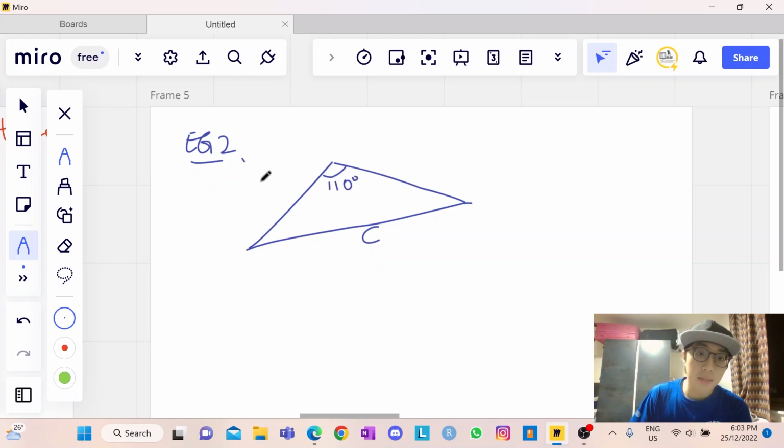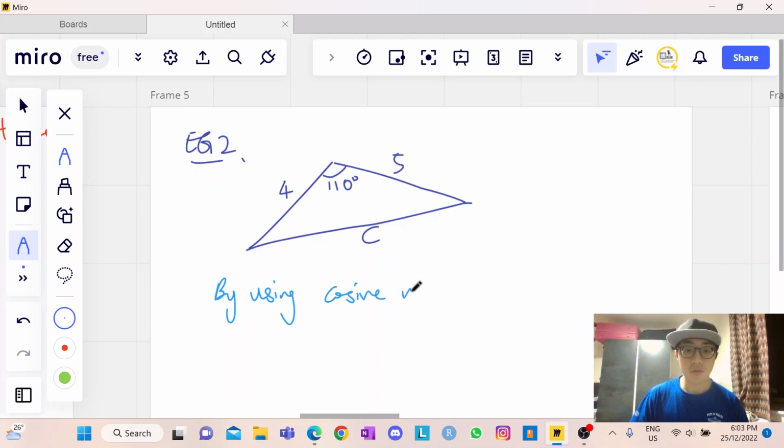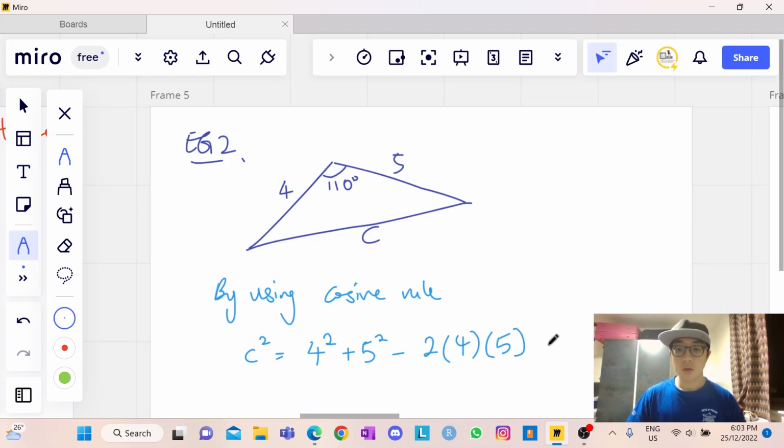And these sides here, say it's 4 and 5. So we are going to look for this length right here. By using the cosine rule, c squared is equal to a squared plus b squared, minus 2ab cos C.